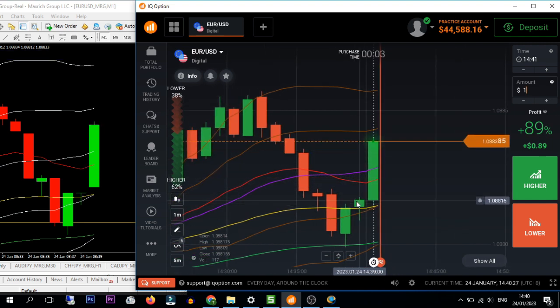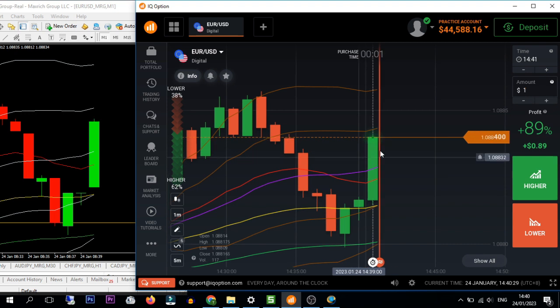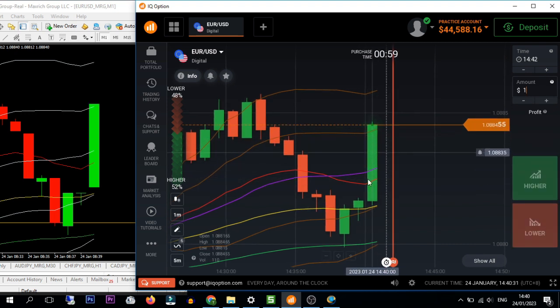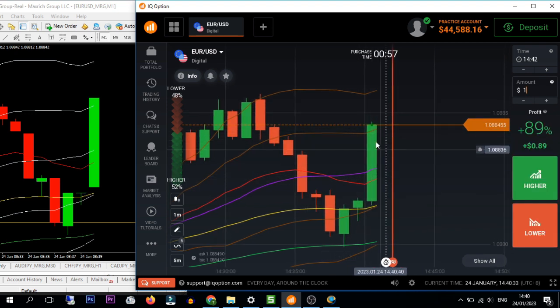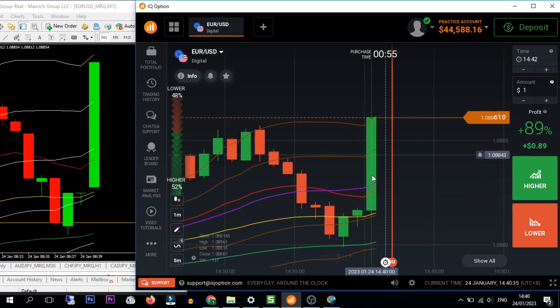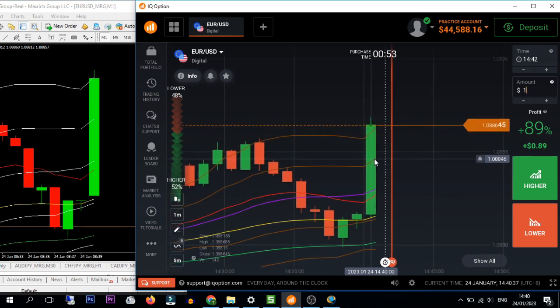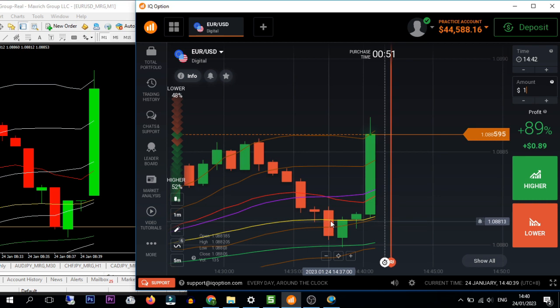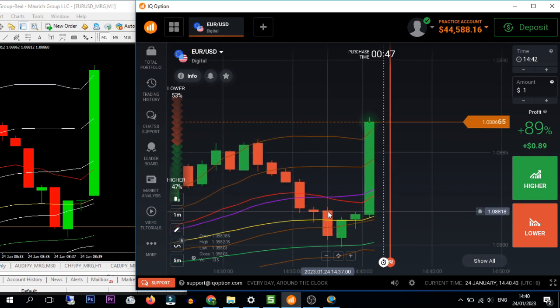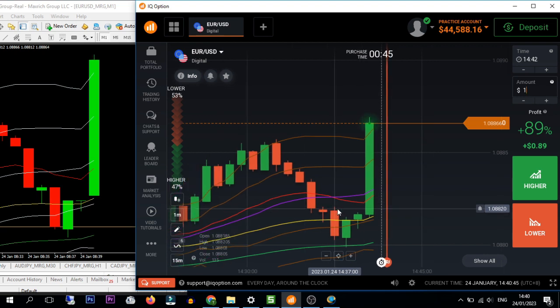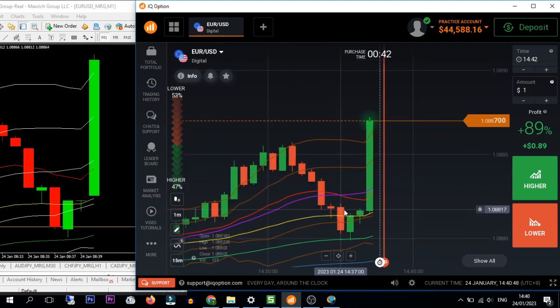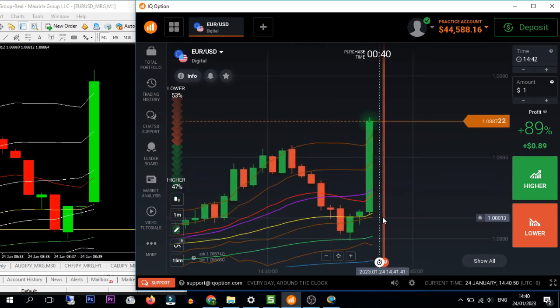Very simple. What happened after this candle? This is a put option, okay? Honestly, why can you know now this is a put option? Let's see, wait. This is a doji.